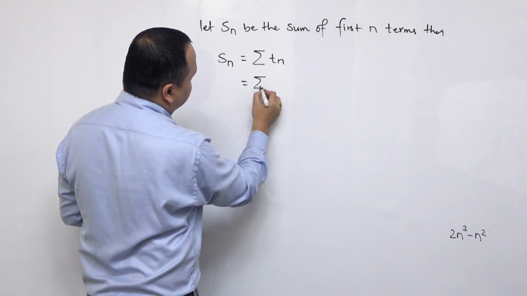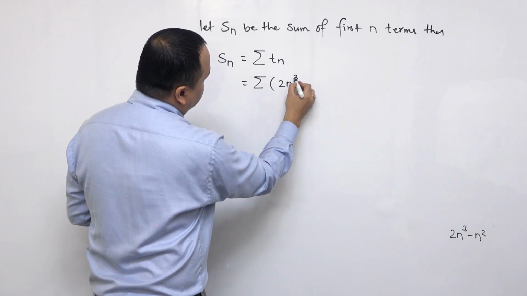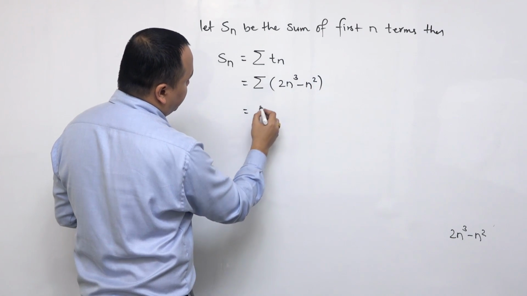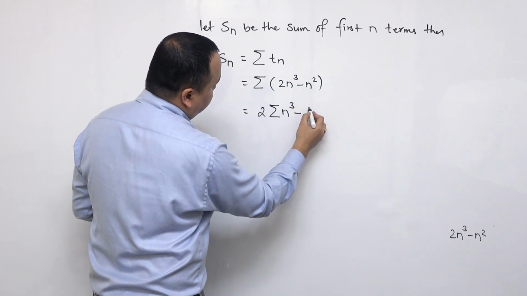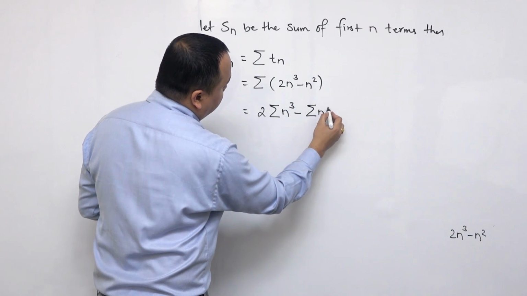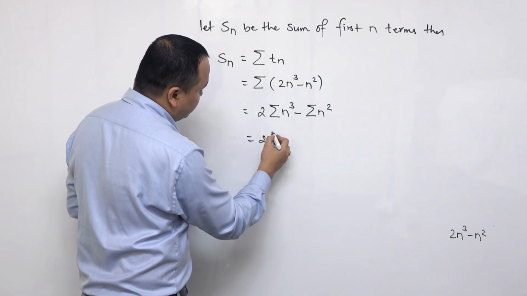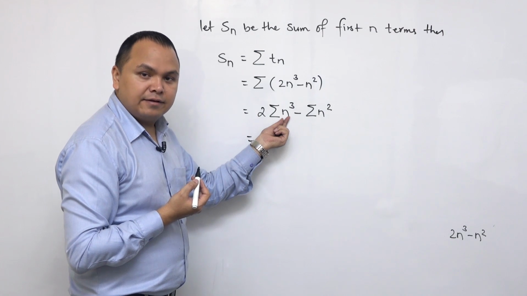Our Tn is 2n cube minus n square. This is 2 times summation n cube minus summation n square. Now it becomes 2. Here n runs from 1 to n.